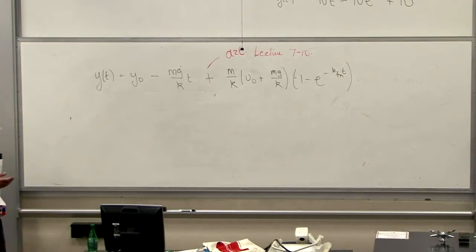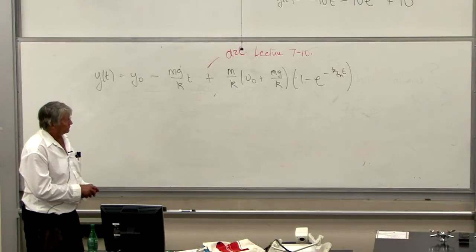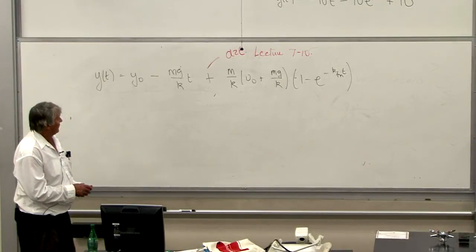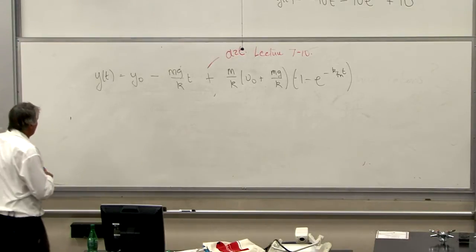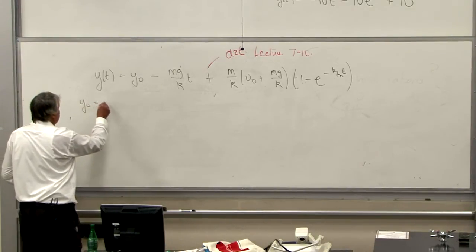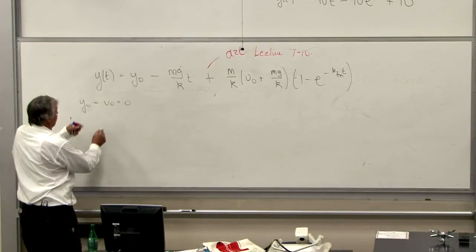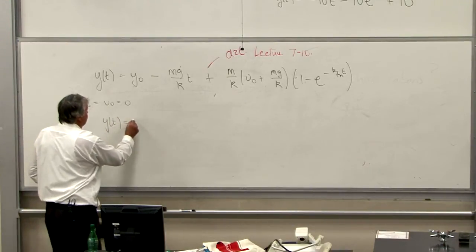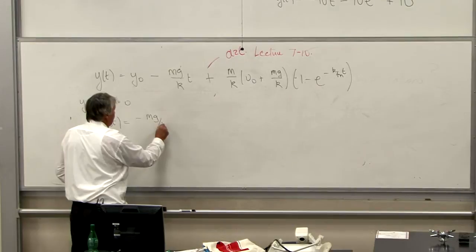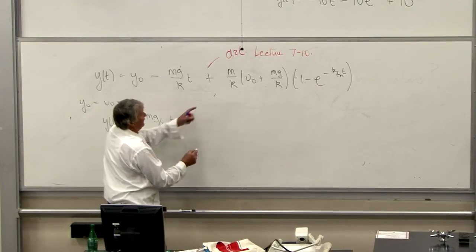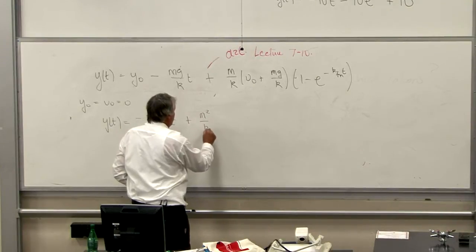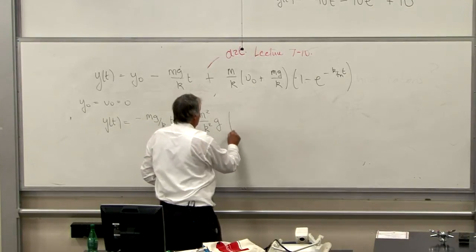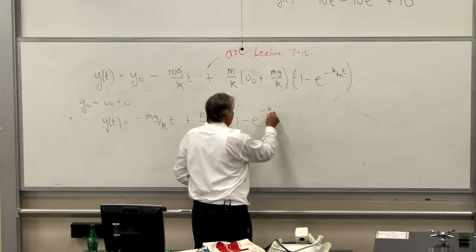So now, for instance, supposing we start off, supposing y0 and v0 are both 0. Y of t is minus mg over k, t, then plus m squared over k squared g, 1 minus e to the minus k over m t.